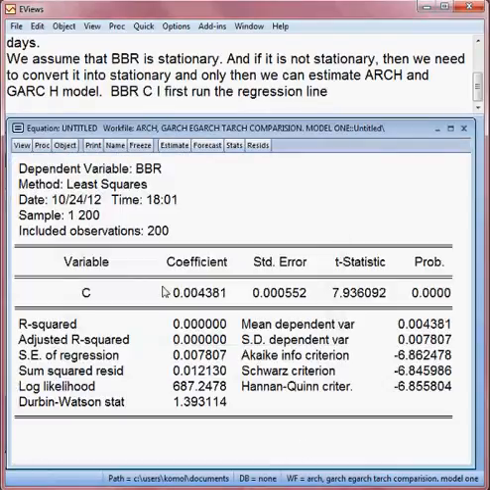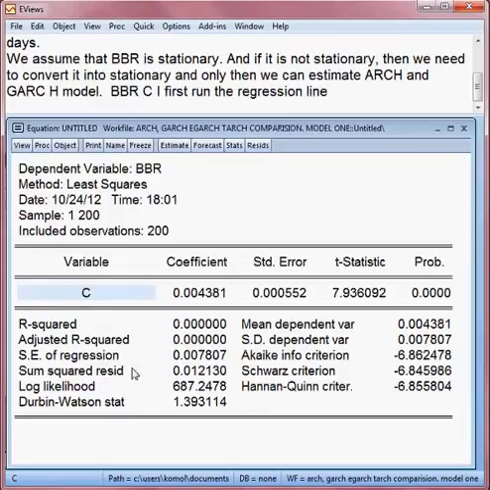Okay, that is my model, and the dependent variable is BBR, Bangladesh bond return.